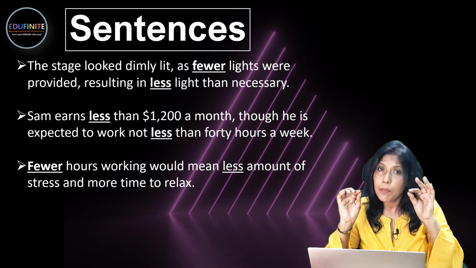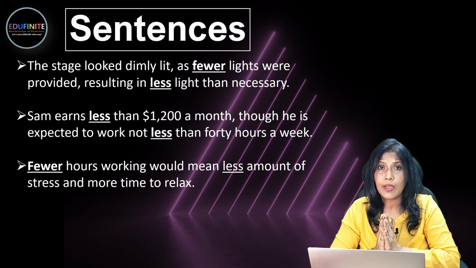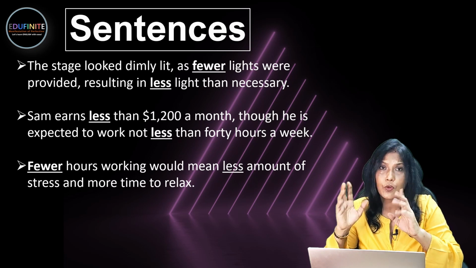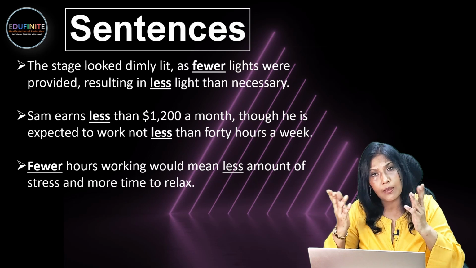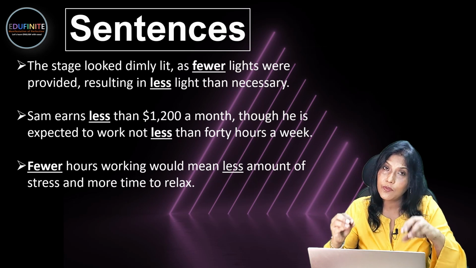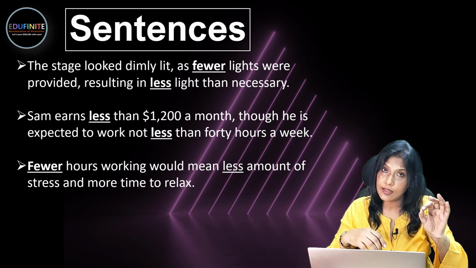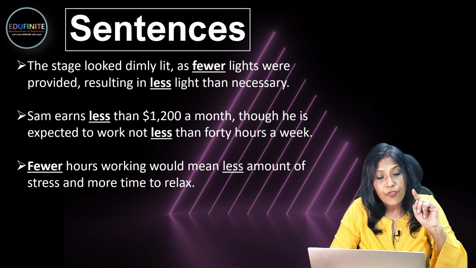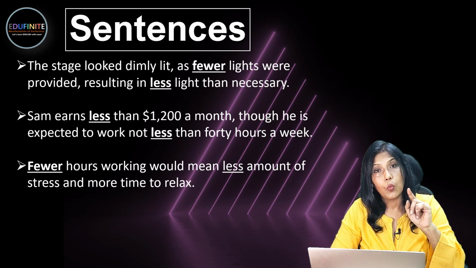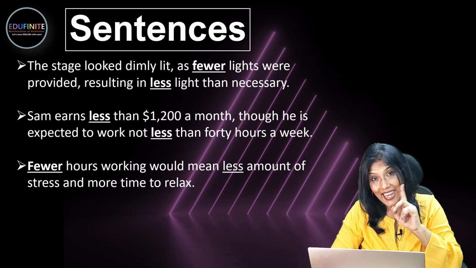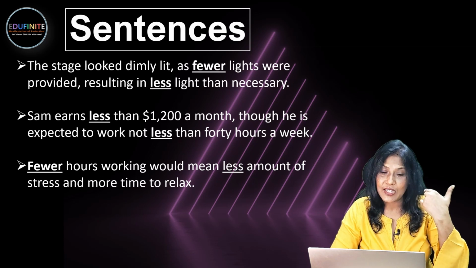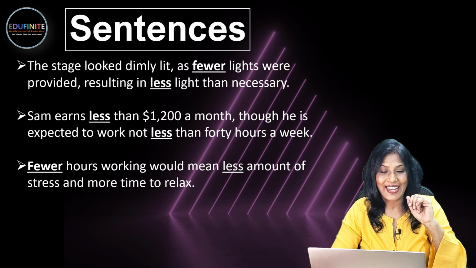But when we are pinpointing at the unit of time, if it has an s with it, that means it's in the plural form, then of course we will use fewer with it, because then it's considered countable. So fewer hours working would mean less amount of stress and more time to relax.